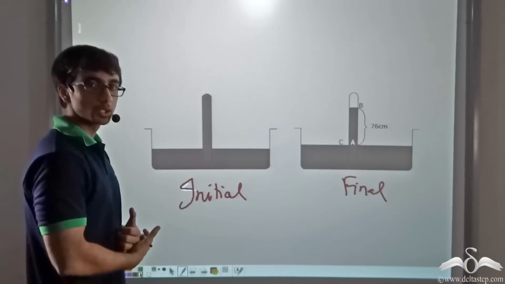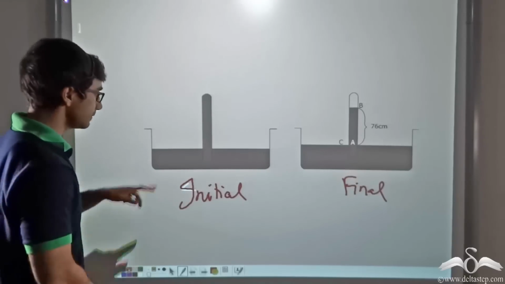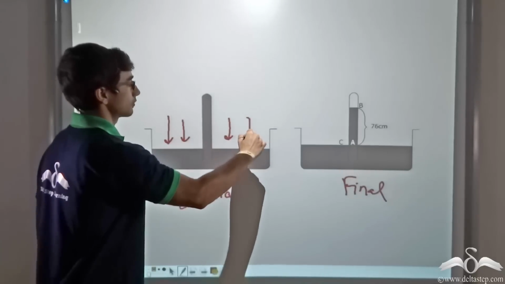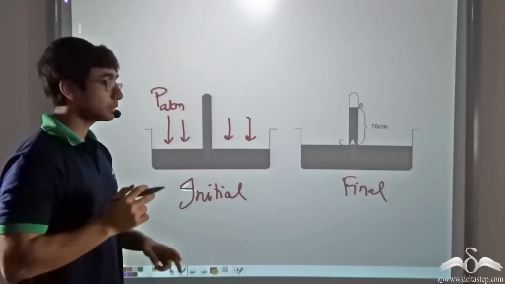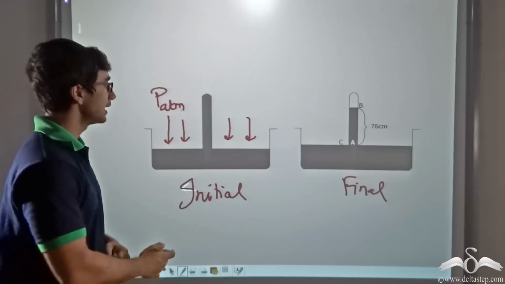If you observe closely, the pressure that is acting on the trough of mercury, that is on the outside on the surface, is the atmospheric pressure.